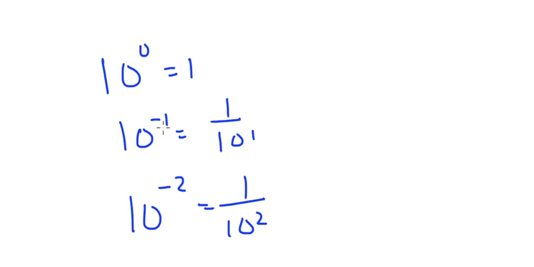Because 10 to the negative 1 is really going to be 1 over 10, and 10 to the negative 2 is 1/100th. So we have 1/10th and 1/100th. That's how that works out.